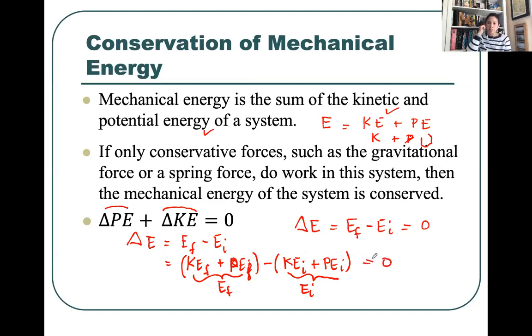That means that if I add up the change in potential energy and the change in kinetic energy, they're going to cancel out. Conceptually, if I gain potential energy, I have to lose kinetic energy. We're going to be looking at some examples in this video.